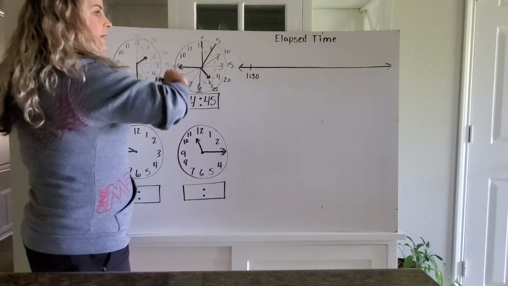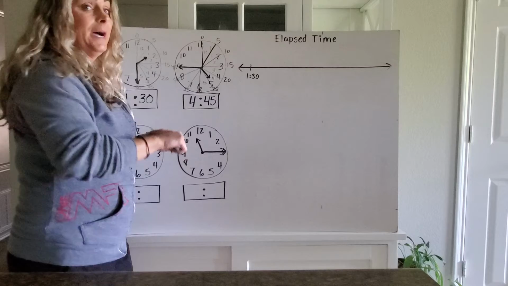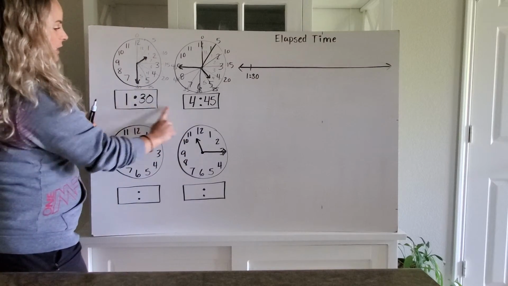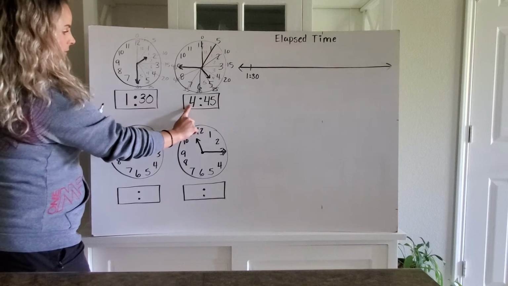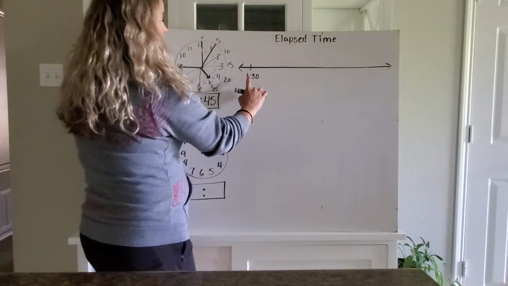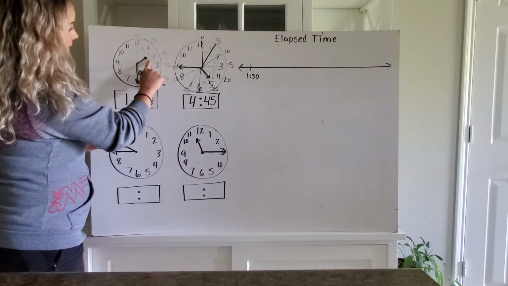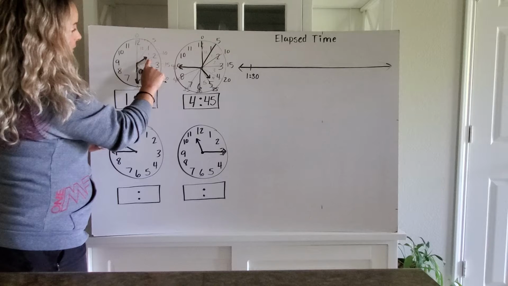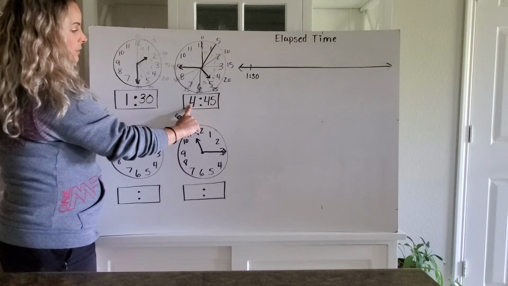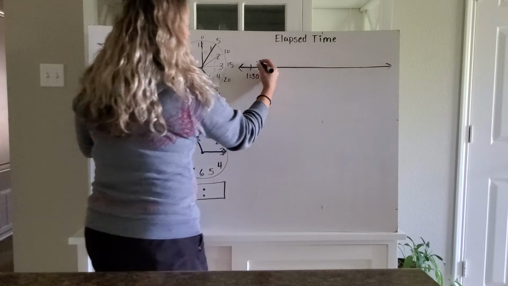So we're going to make some jumps. First part by hours, because if we look at our hours right here, they have increased. I'm going to basically move this small hour hand till I get to 4 o'clock.